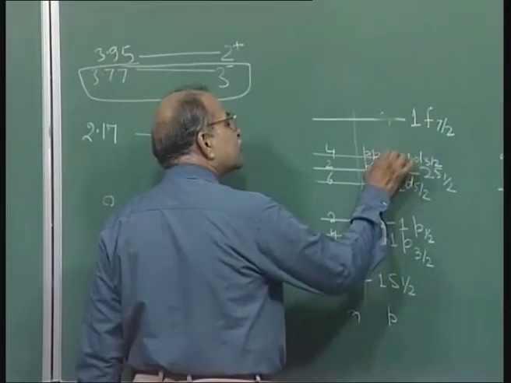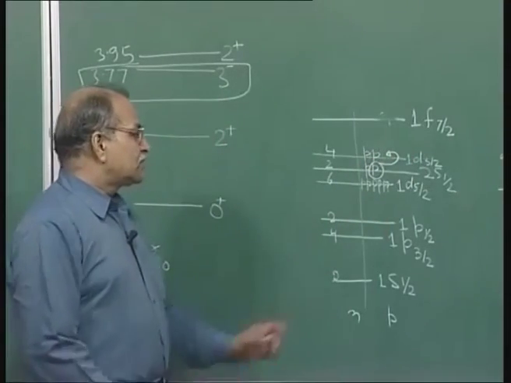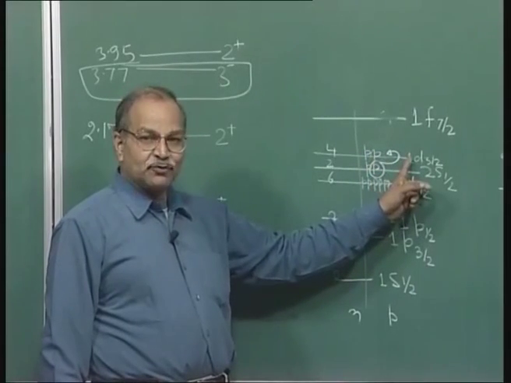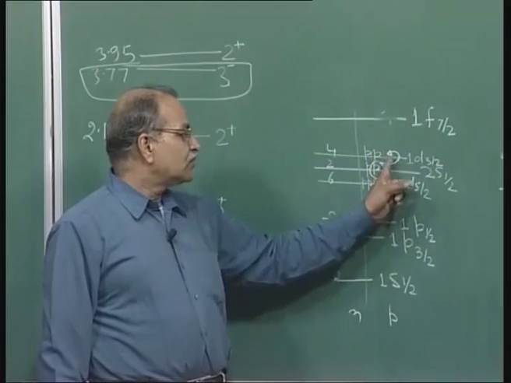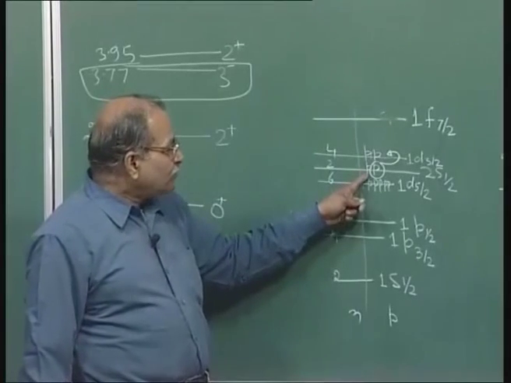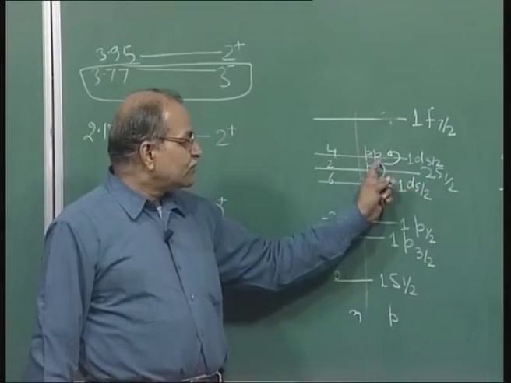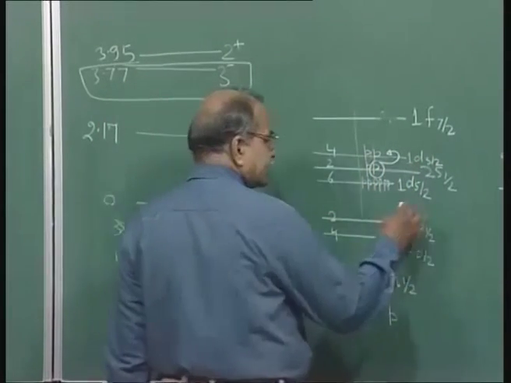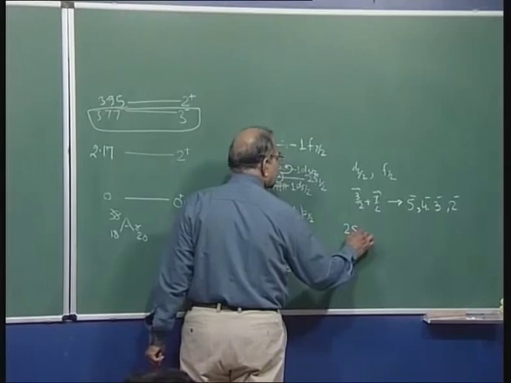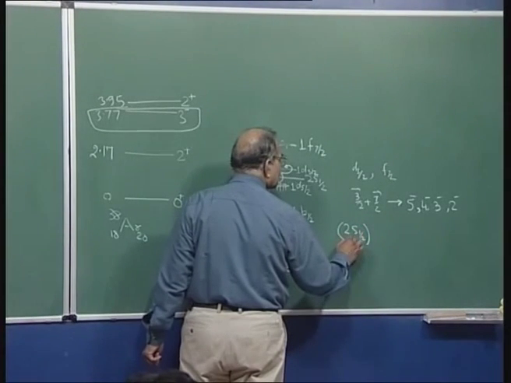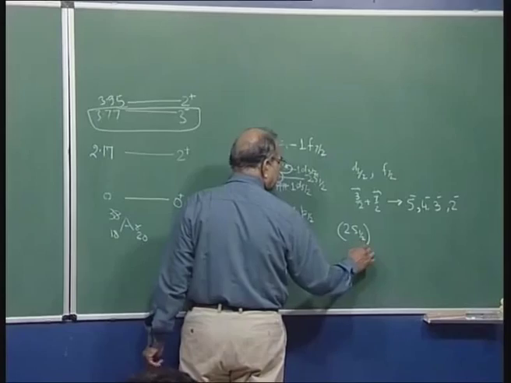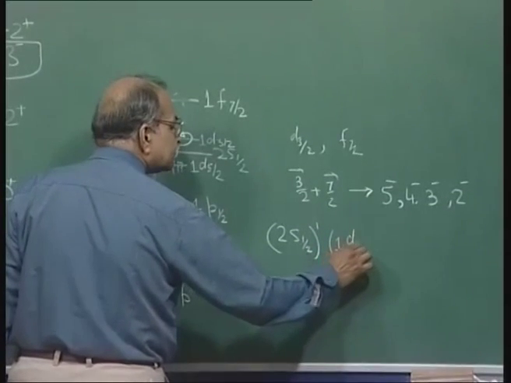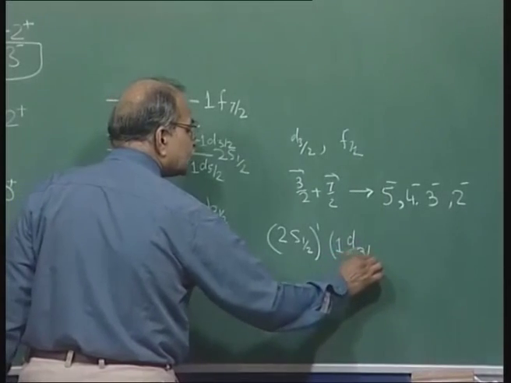If I take this proton here, which is possible, here you have vacant spaces, you can have up to 4 protons here. If this proton goes here, then you will have 1 proton in S half and 3 protons in D3 by 2. People generally write this configuration this way, for the proton: 1d3 half 3.